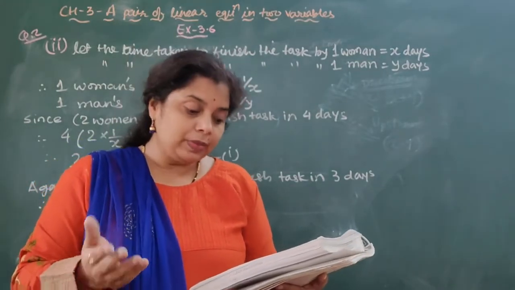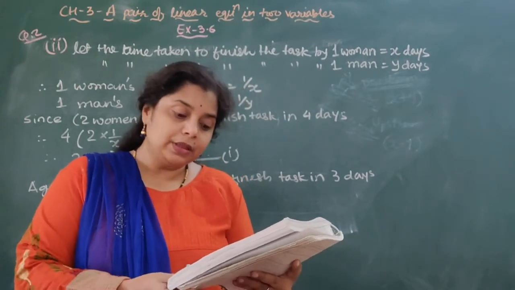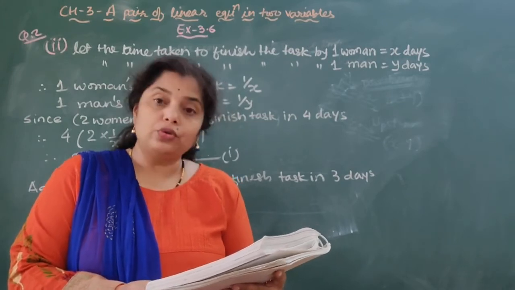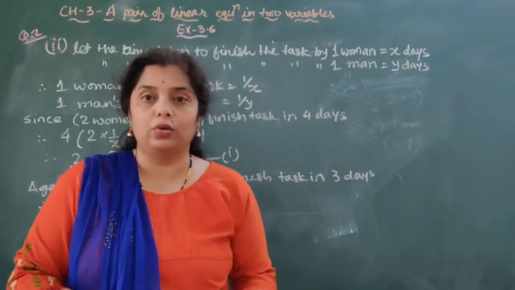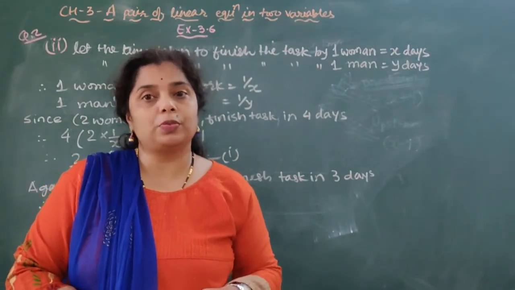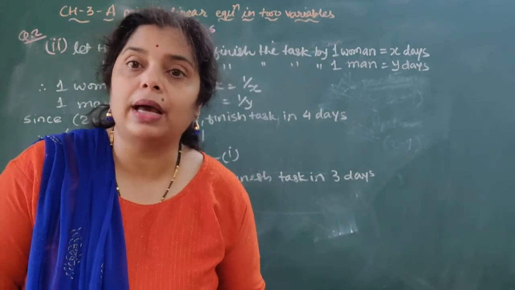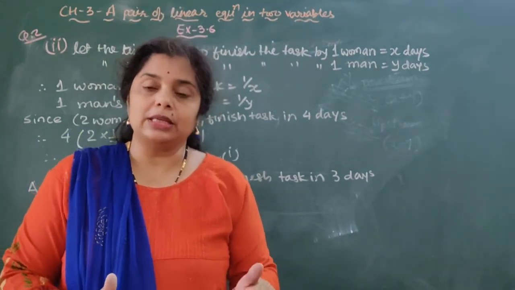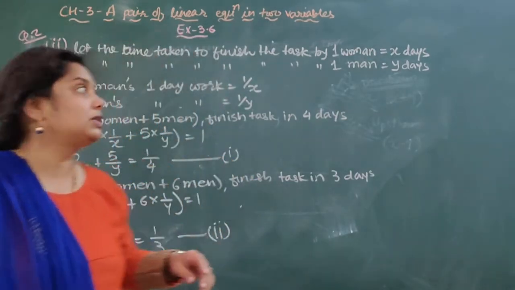While 3 women and 6 men can finish the same work in 3 days. Find the time taken by one woman alone to finish the work and the time taken by one man alone. So first of all, you have to suppose that the work done by one woman alone takes x days and one man takes y days. So let's start.